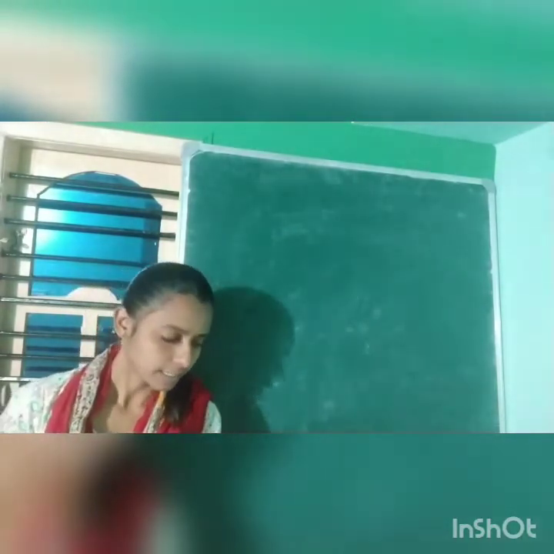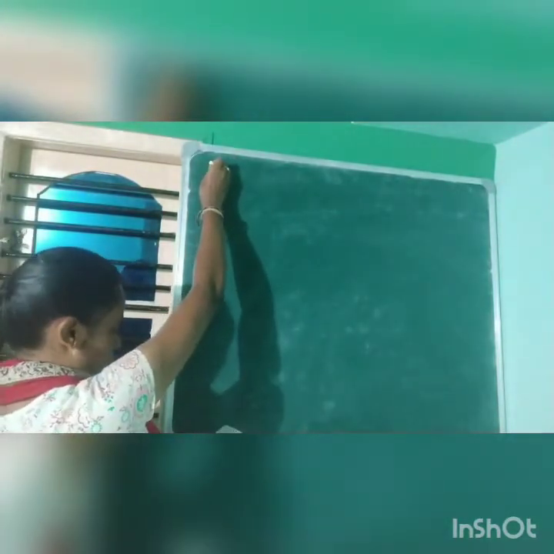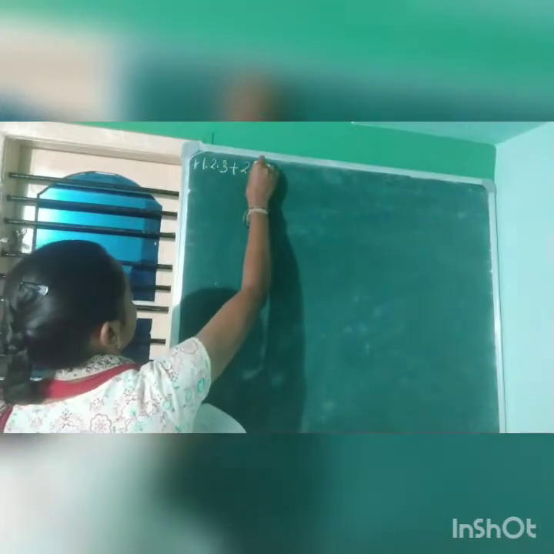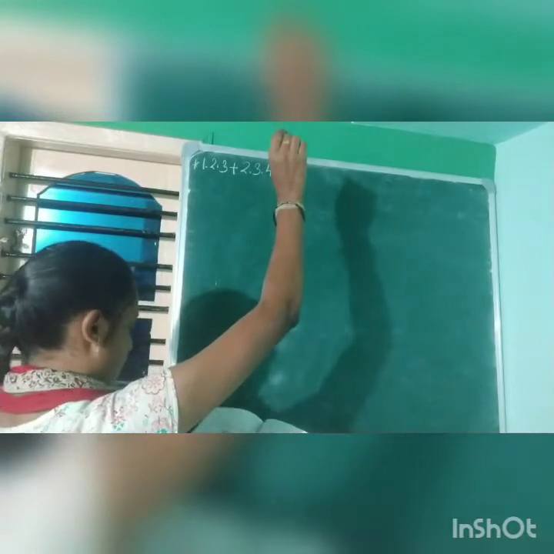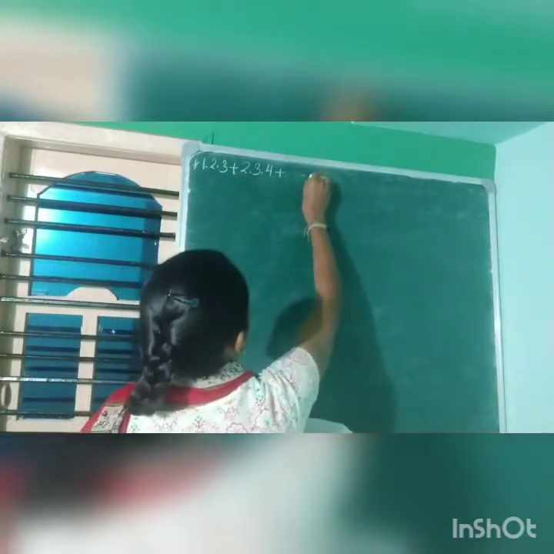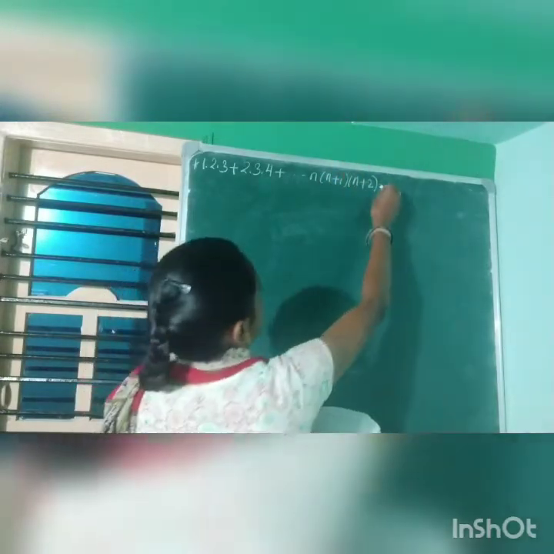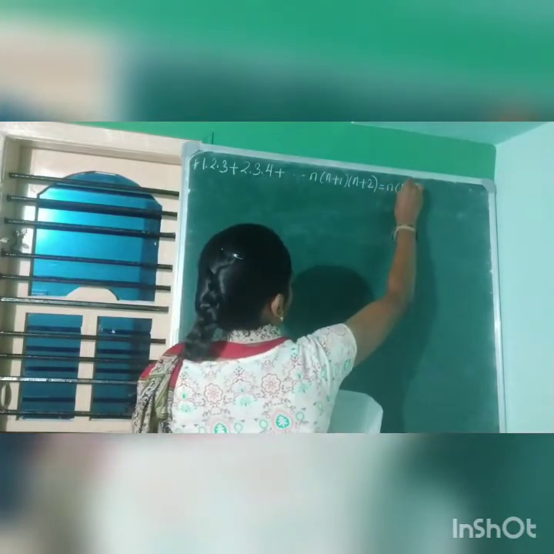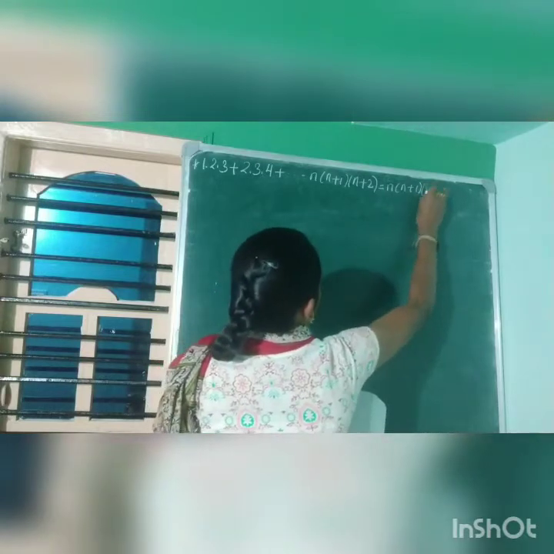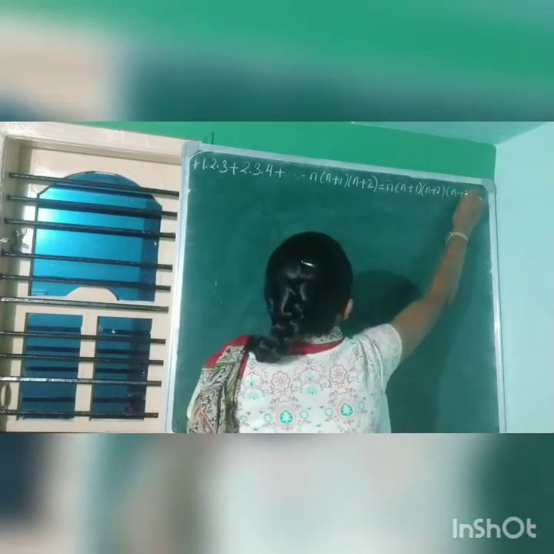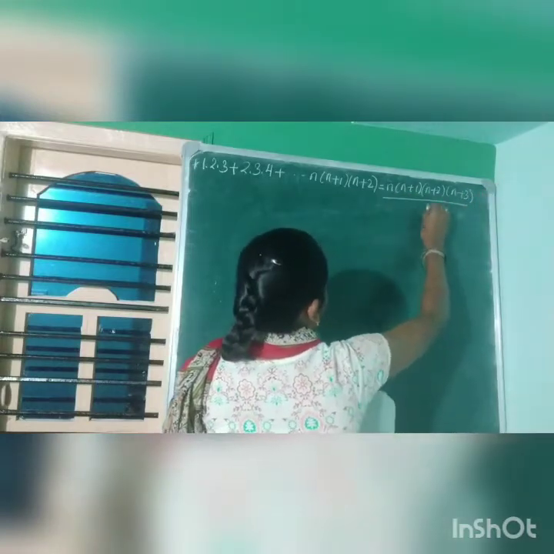So in that, I consider the problem in exercise 4.1, which is: prove the following by using the principle of mathematical induction. 1 into 2 into 3 plus 2 into 3 into 4 plus, and so on, up to n into n plus 1 into n plus 2, is equal to n into n plus 1, n plus 2, n plus 3, all divided by 4.